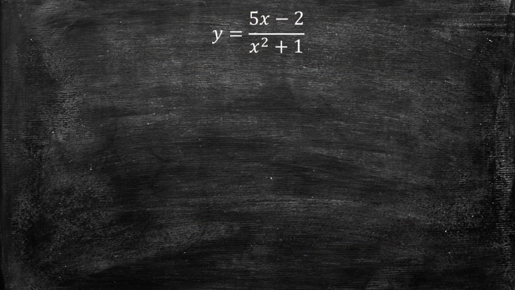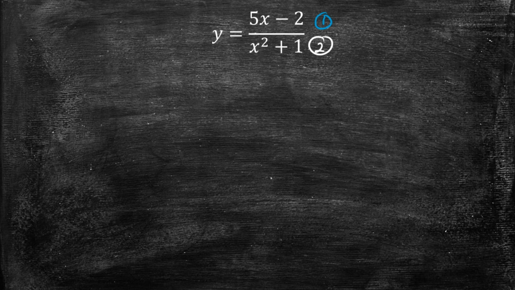Example number one. So we have y is equal to this equation right here. In order to show this visually, I'm going to label the numerator equation 1 and the denominator as equation 2. So the formula goes as follows.